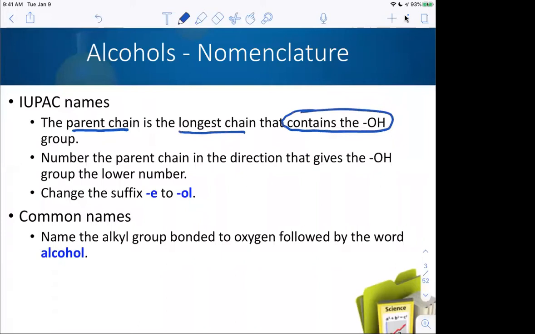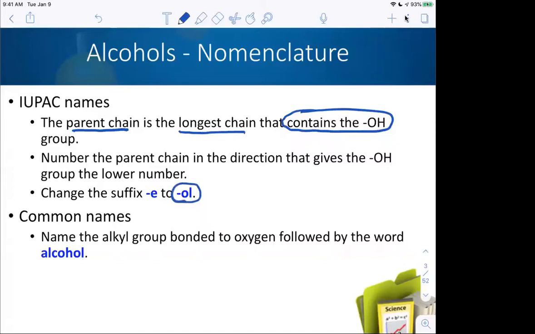The alcohol functional group is pretty high in priority. So the parent name is actually going to be called a something-ol. So it's going to be the alkyl chain, the alkenyl chain, the alkynyl chain, and then we're going to have that suffix, which is the -ol.